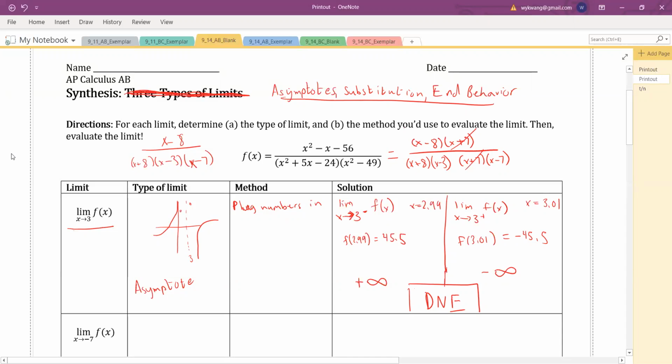Awesome. So I'm going to give everyone 20 more seconds or so just to fill this in.